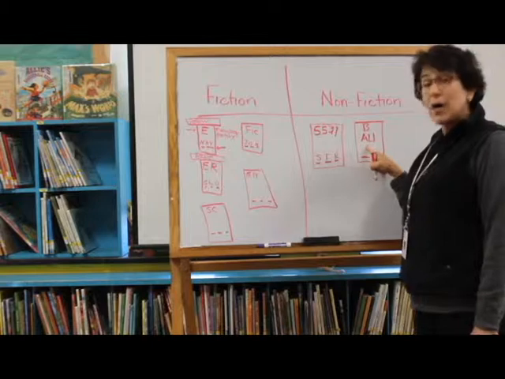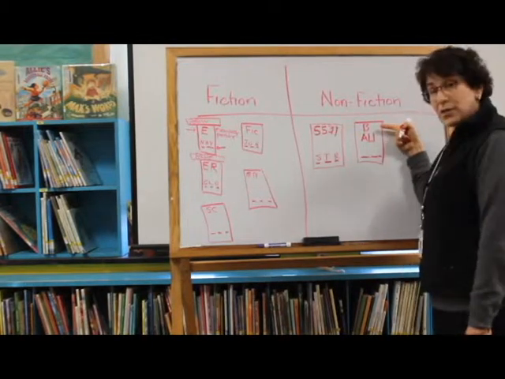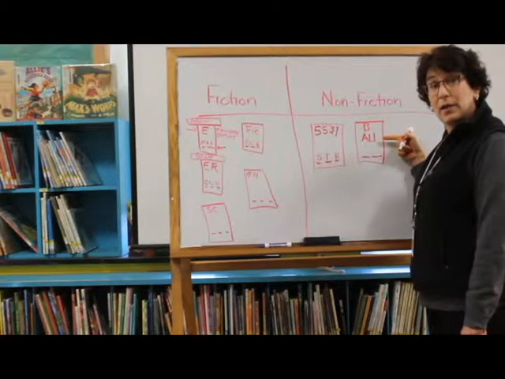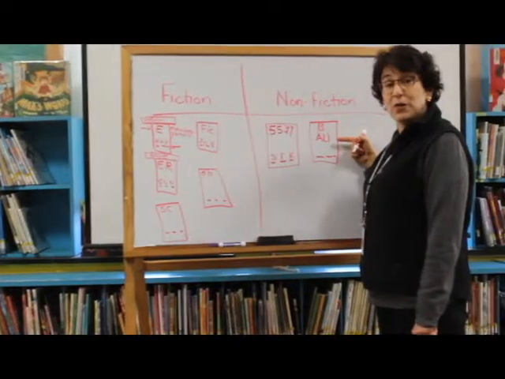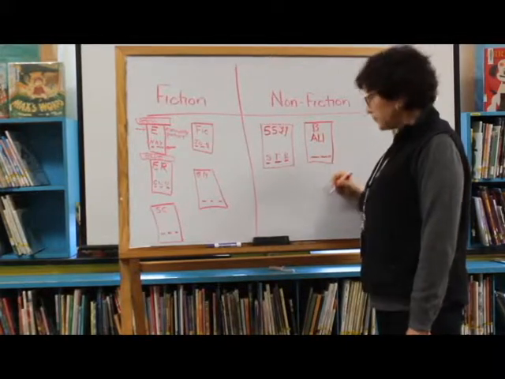So if we have five books on Muhammad Ali, we go to the biography section, then we go to the A section because all biographies are filed by who it's about. And then if we have five books, we put them in alphabetical order by the author.